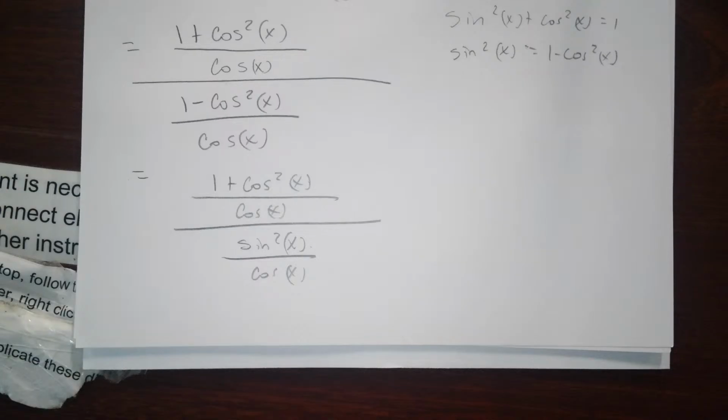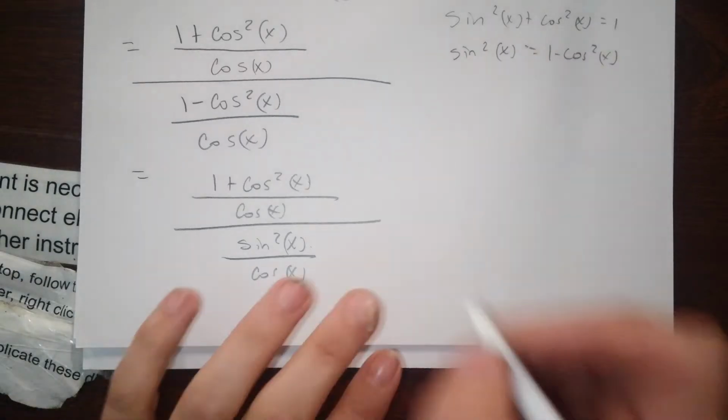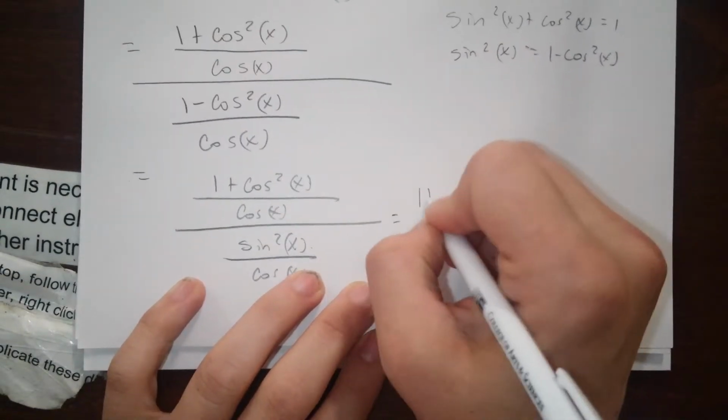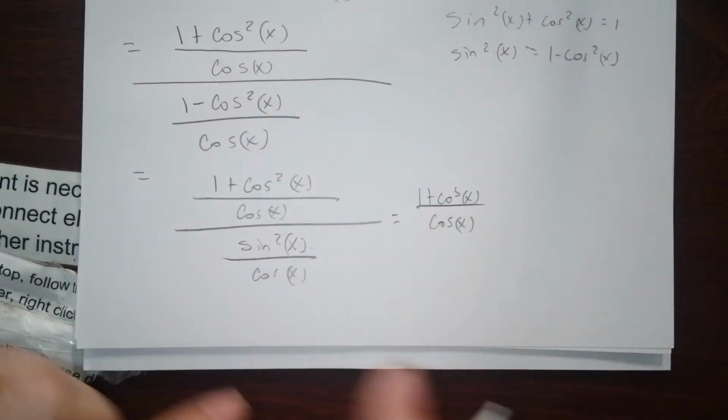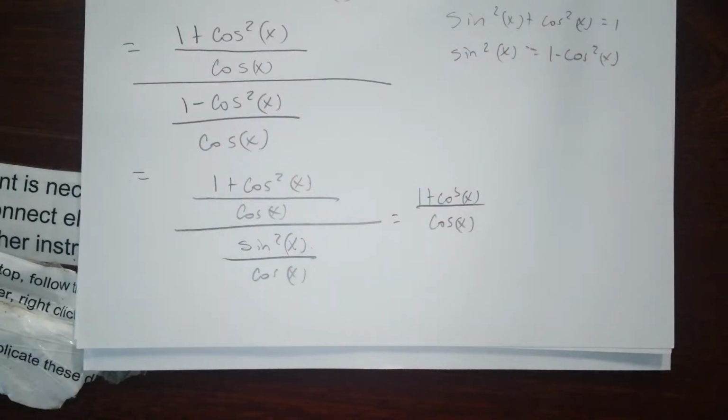What's happening here? I have a fraction and another fraction. What does this line mean? It's division, right? Fractions are just division. So I can rewrite this as 1 plus cosine squared of x over cosine, divided by sine squared over cosine. You okay with that? We're dividing by this fraction.